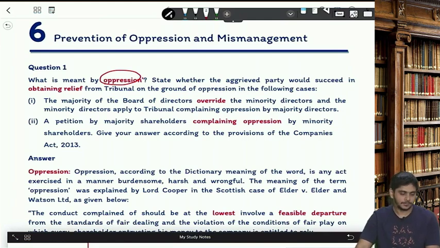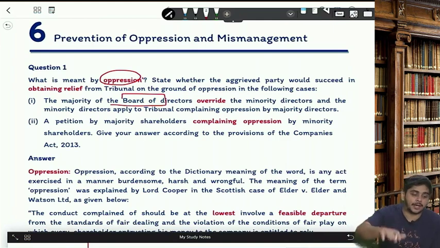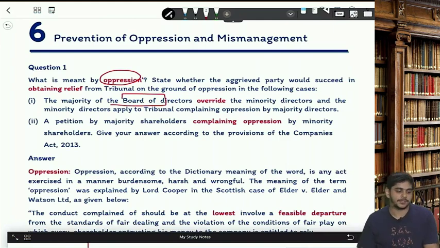First, the majority of the board overrides the minority of the directors, and the minority directors apply to the tribunal complaining oppression by majority directors. Sir, it will not work, because the wrong act has to be done on the members.